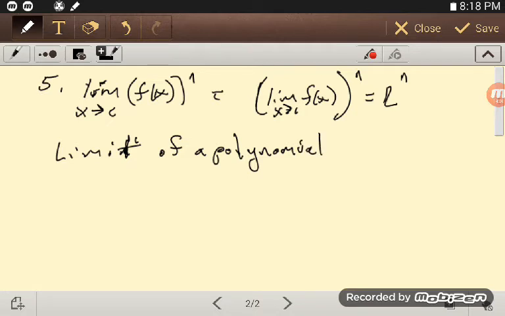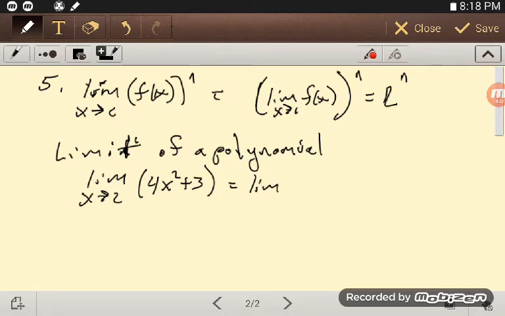So they have 4x squared plus 3. They say, what's the limit as x goes to 2 of 4x squared plus 3? Okay, they go through and use all these properties, right? So first we have a sum.